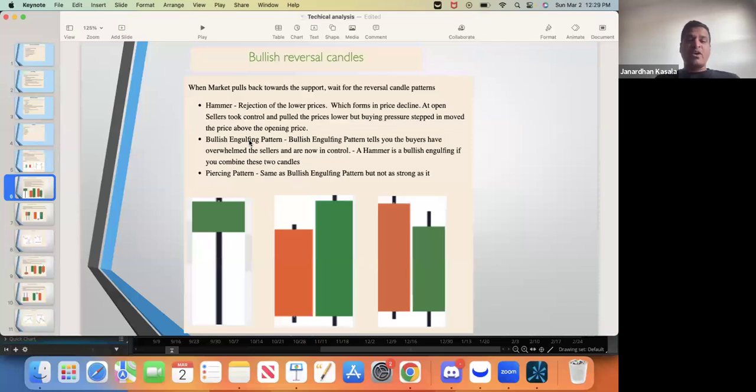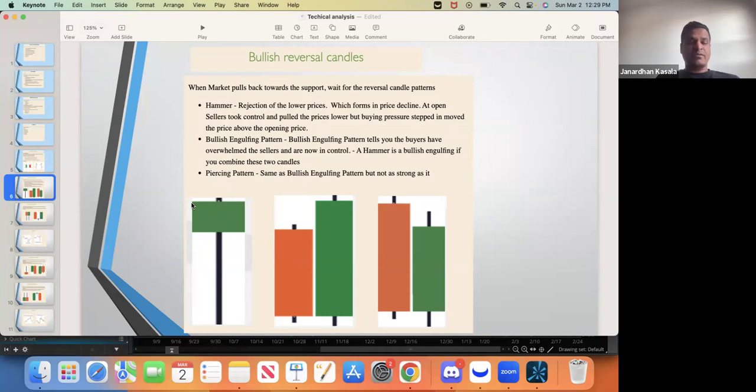End of the day, it's all about who is in control. Whether this is a hammer, shooting star, or engulfing doesn't matter. You should be able to look at the candle and tell whether it is bullish or bearish. That's all it's about. So looking at this candle, the day started here at the open, high, low, but it closed here.